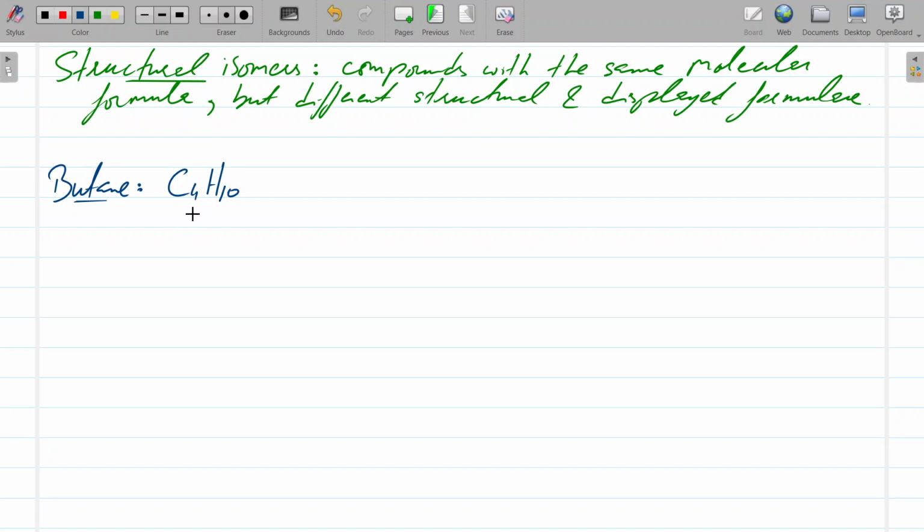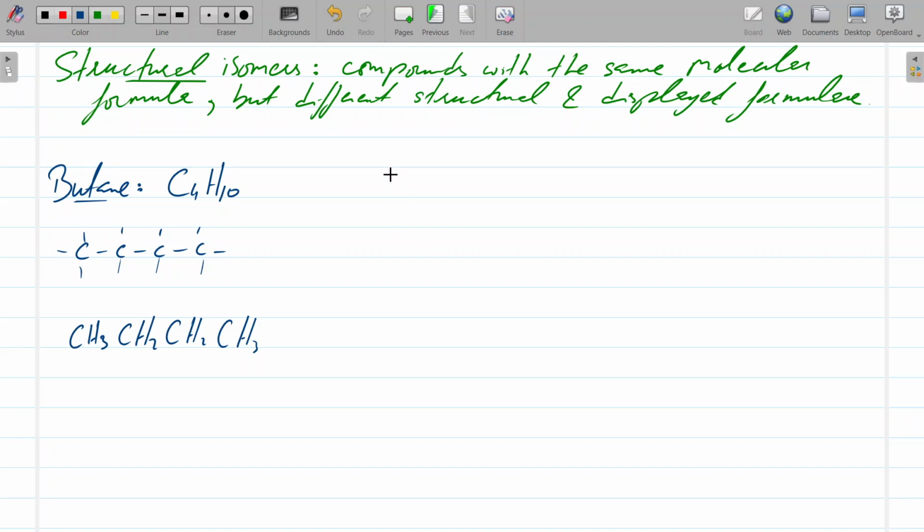Right? And again, the structural formula is like this. I'm not drawing the hydrogens. And the structural formula is CH3 CH2 CH2 CH3.